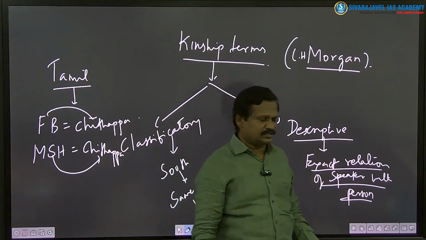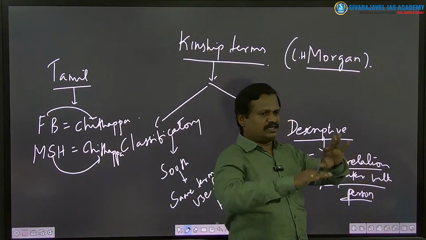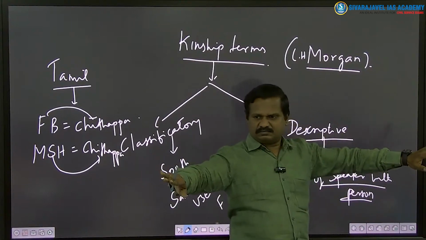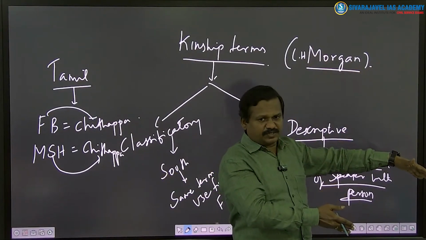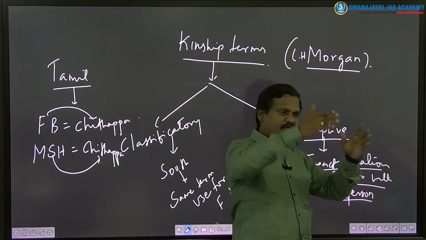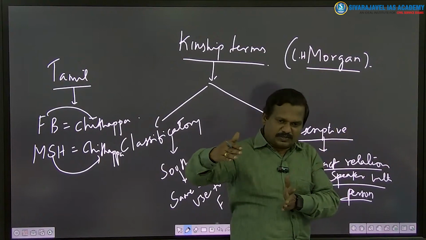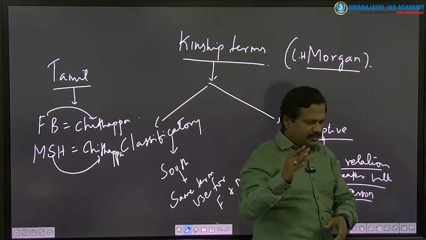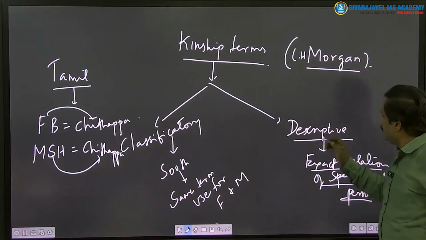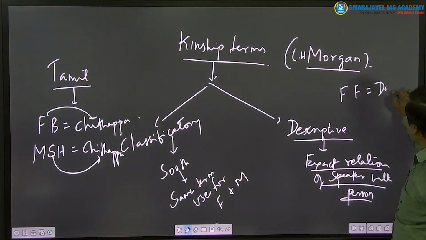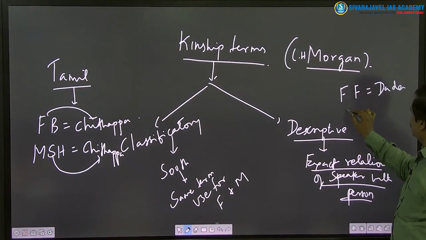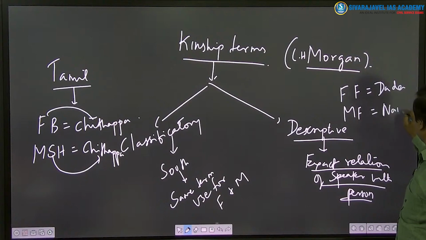But in the descriptive case, father side relative and mother side relative are totally different. You use different kinship terms for your father side relative and for your mother side relative. I'll give you an example. Father's father is called Dada. Mother's father is called Nana.